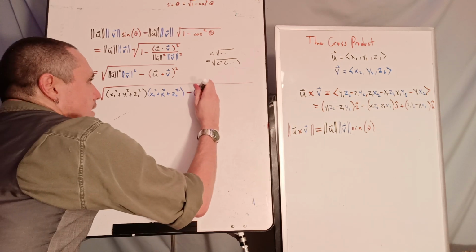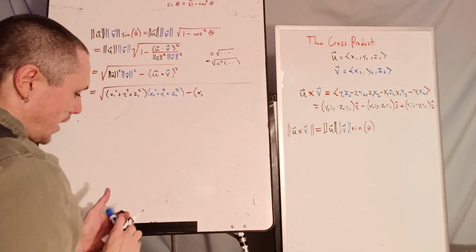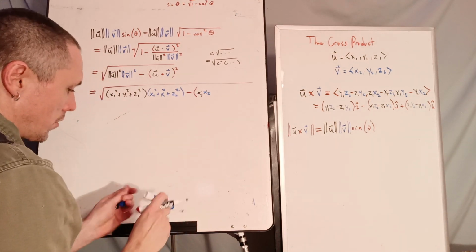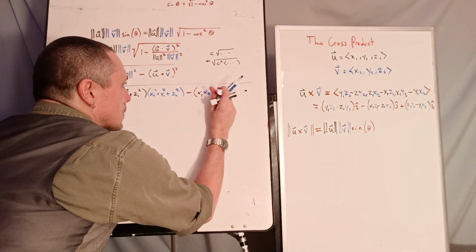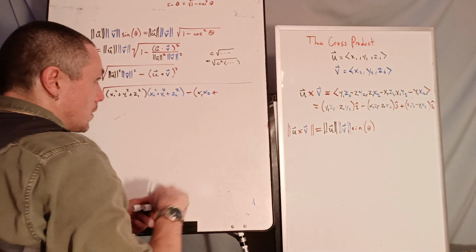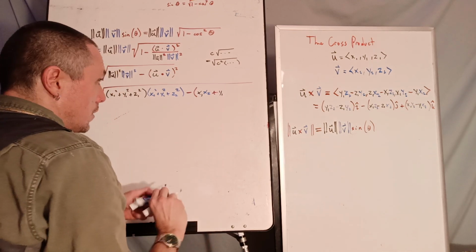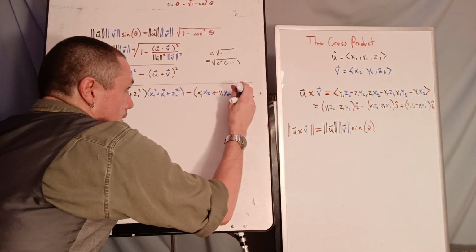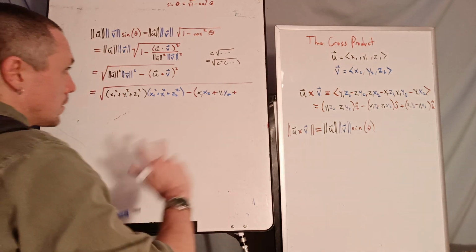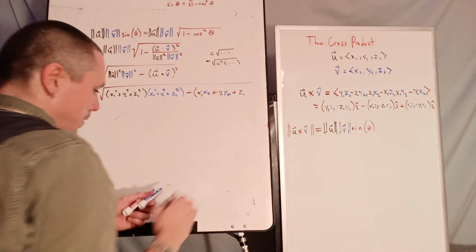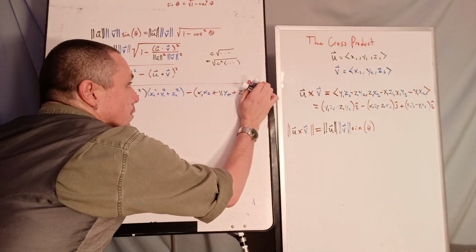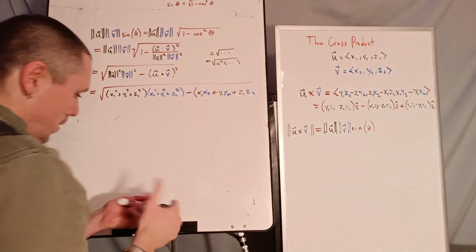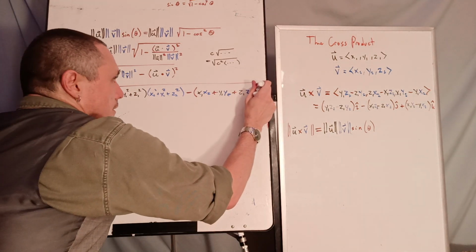So we'll have x1 times x2 plus y1 times y2 plus z1 times z2, and that's our dot product.